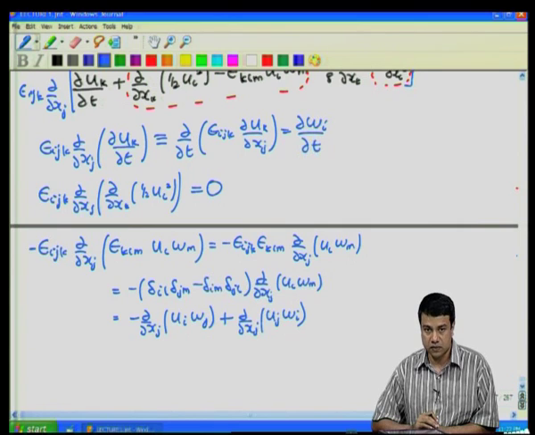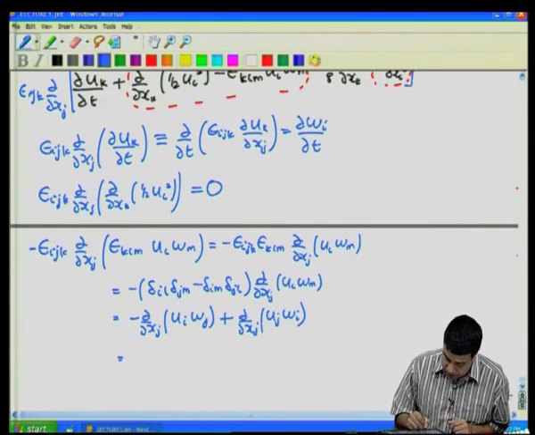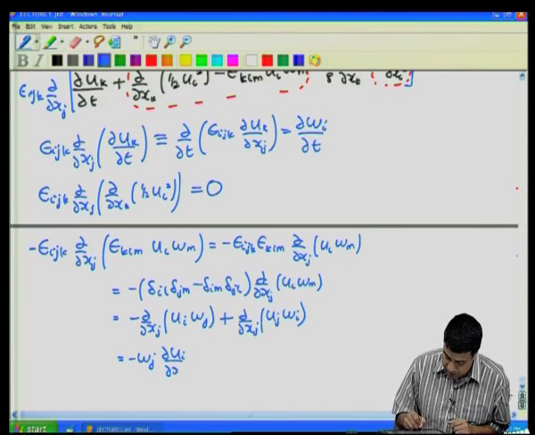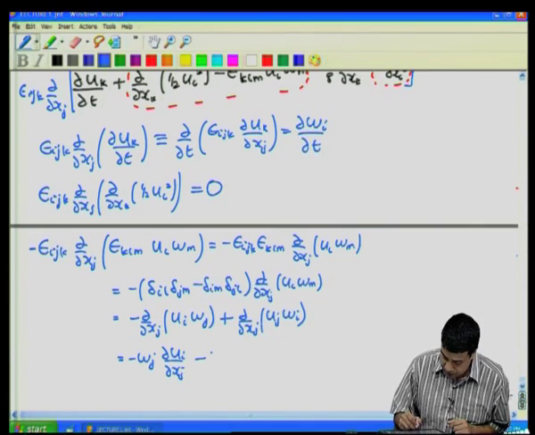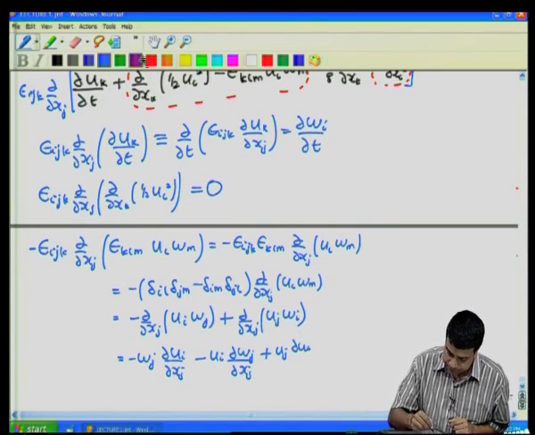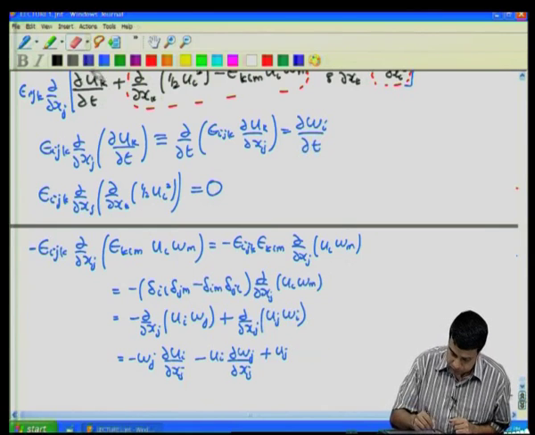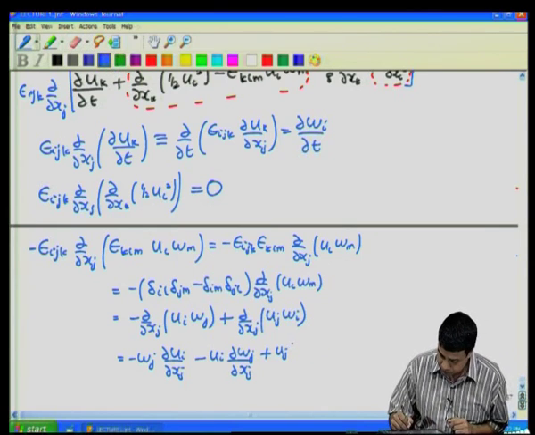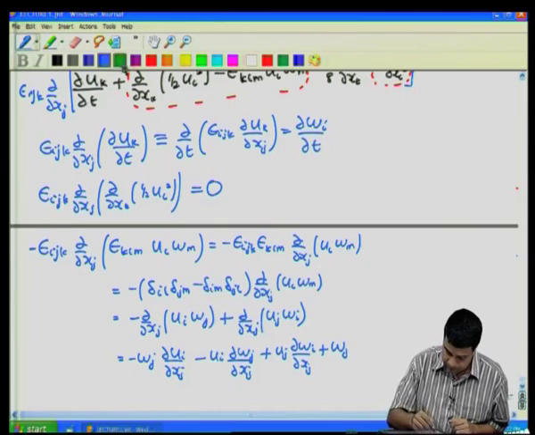I can use the chain rule for differentiation. This is equal to minus omega j partial u i by partial x j minus u i partial omega j by partial x j plus u j partial omega i by partial x j plus omega i partial u j by partial x j.